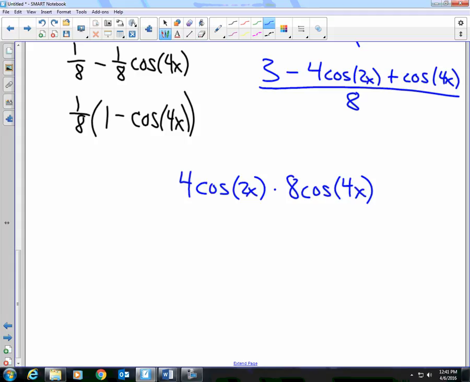You can't write them as squareds. So this only simplifies to 32 cosine of 2x cosine of 4x. So in your assignment, you might end up with that situation. Just be prepared to, but this is sufficient. First powers of cosine. Okay, that's what the direction states.